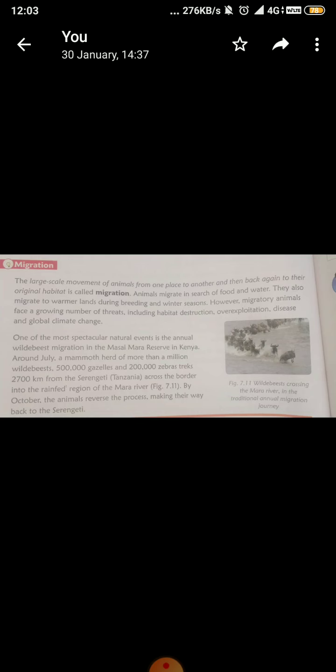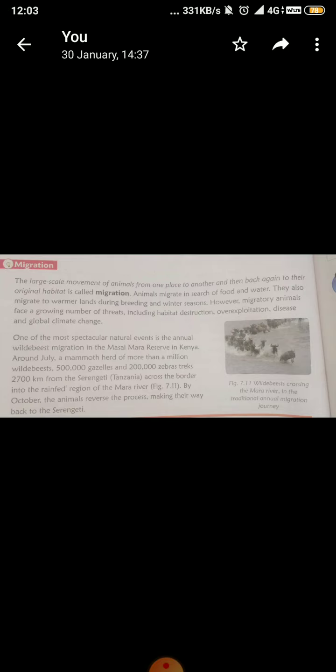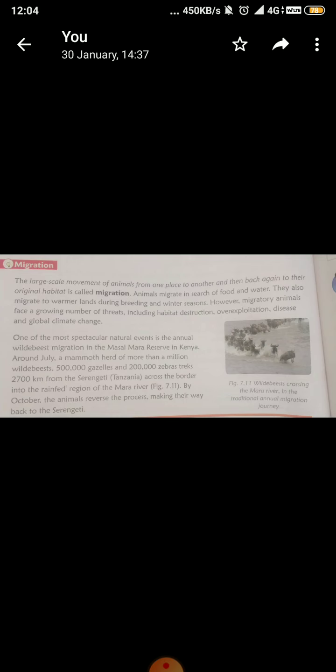Rain-fed means the area filled with the river. They have shown the picture also, wild geese crossing the Mara River in the traditional annual migration journey. Then by October, the animals resume the process, making their way back to the Serengeti. I have shown this in the picture.